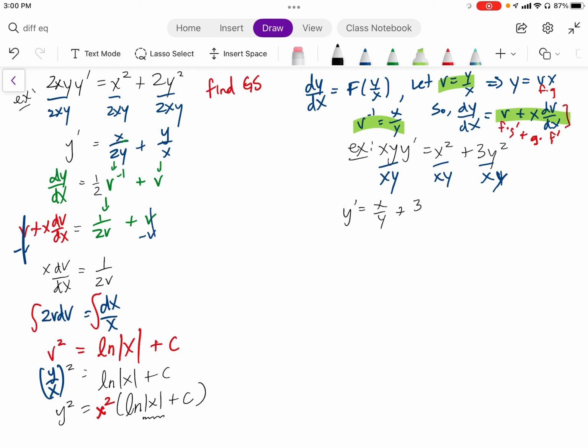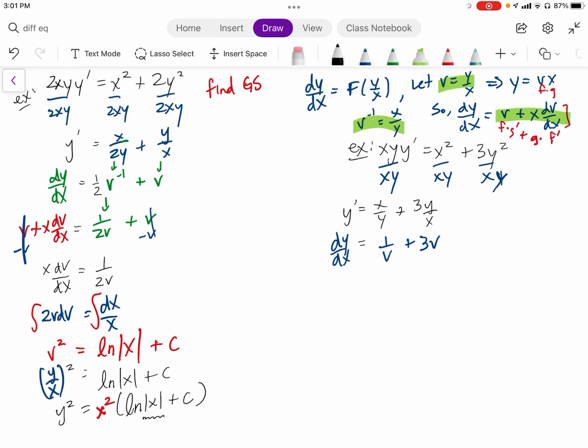So we have y over x and we have an x over y. Same trick as the last problem. Okay, so we're going to make that substitution where we're allowing v to be y over x. So therefore this is 1 over v or v to the negative 1, either way, plus 3v equals dy dx.